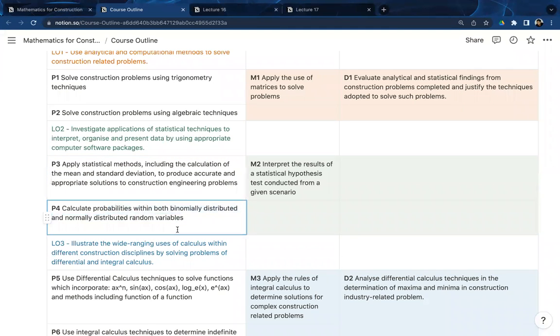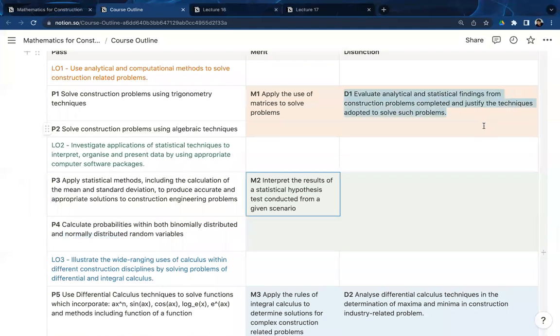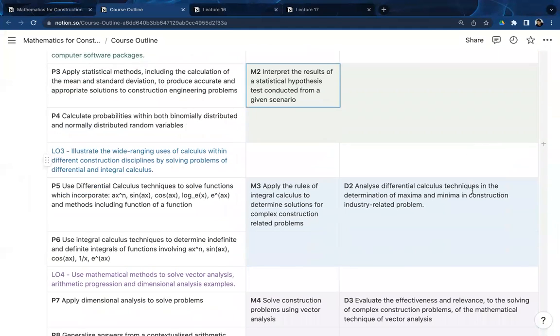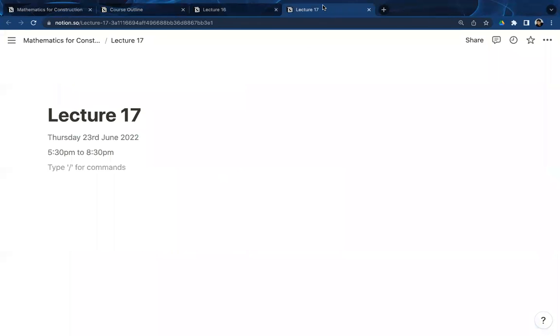Probabilities for binomial and normal. This will take a little while. These things are a little complicated. And hypothesis tests. We have some statistical stuff in a D1 up here. That's basically it too. So we heading towards statistics, right? So we'll start.